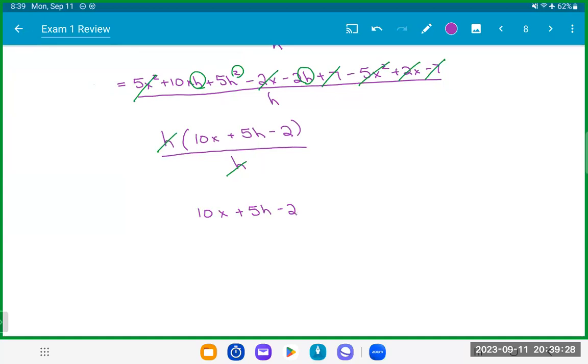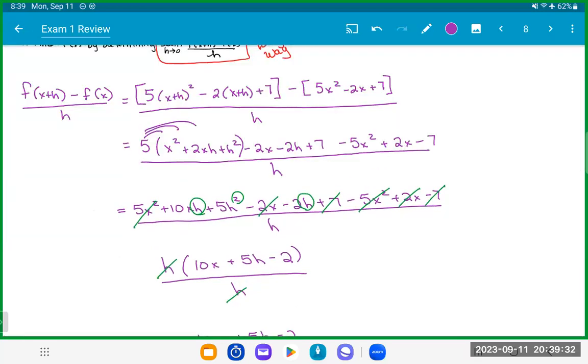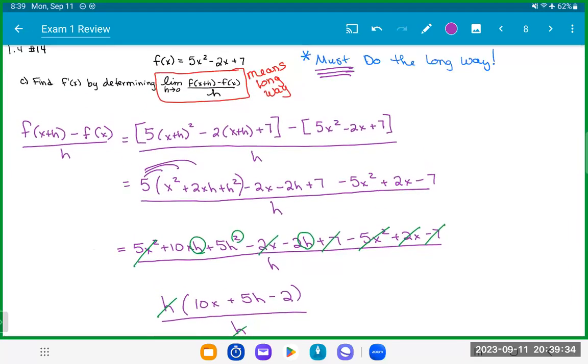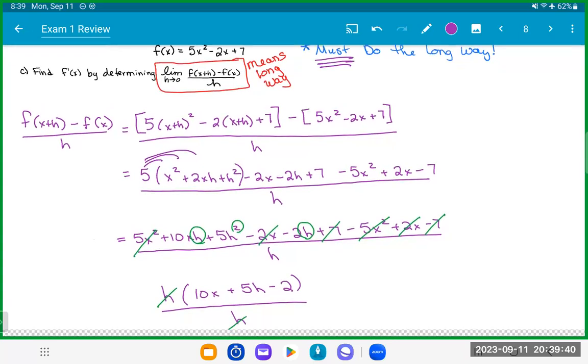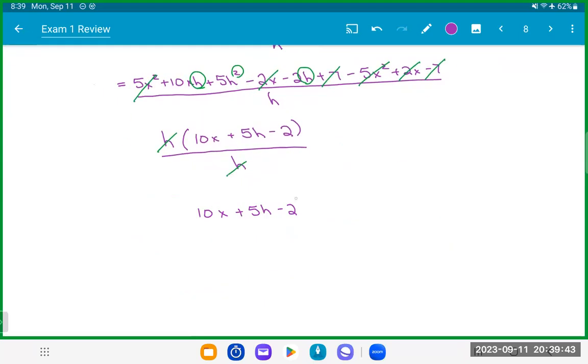Okay. Now originally I have to take the limit, right? So all I've done is figure out this portion. Now I have to take the limit of that. A lot of students get confused and they just circle that and say that's the answer, but it's not.